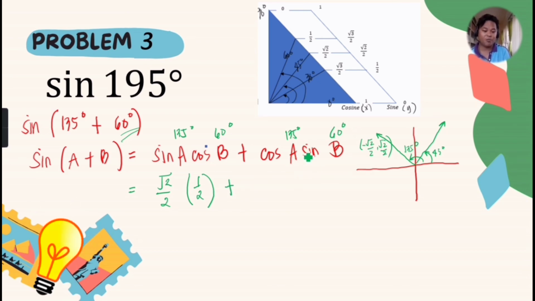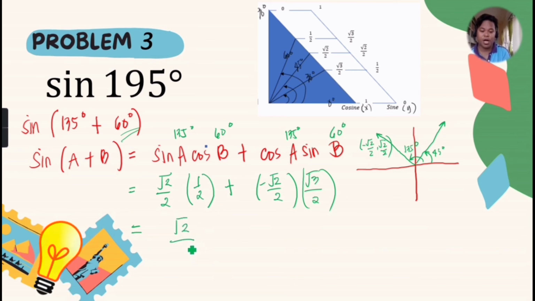Plus, cosine of 135 is the x-coordinate, which is equal to negative square root of 2 over 2 times sine 60, which is equal to square root of 3 over 2. Then, simplify. Square root of 2 times 1 is equal to square root of 2 over 4 plus negative square root of 2 times square root of 3 is equal to negative square root of 6 over 4.